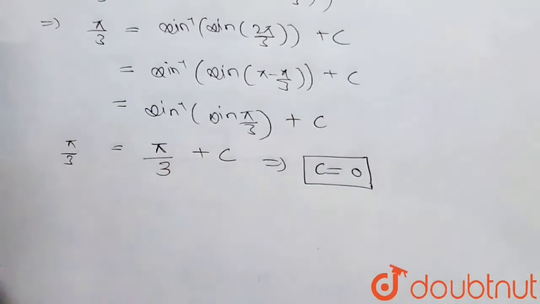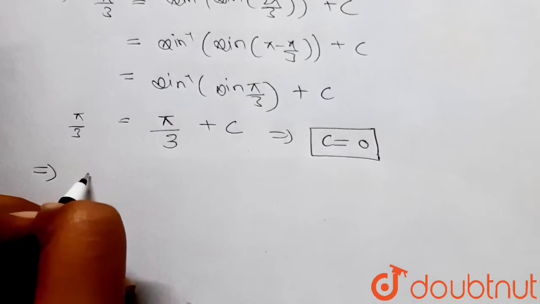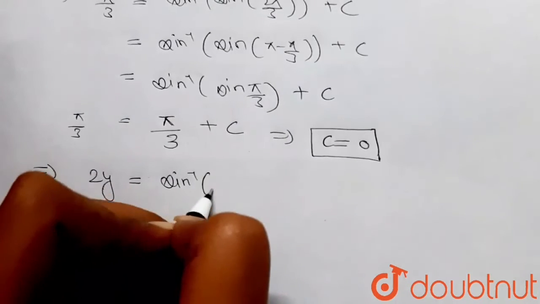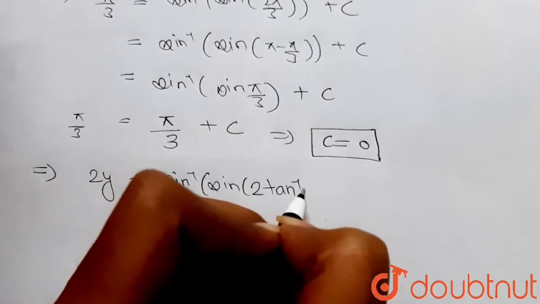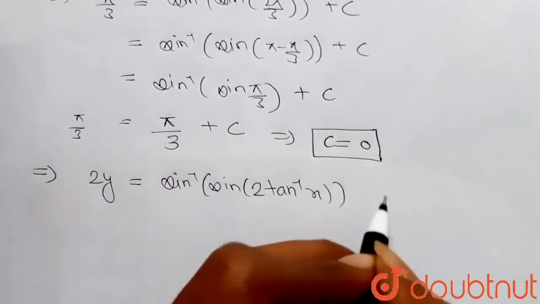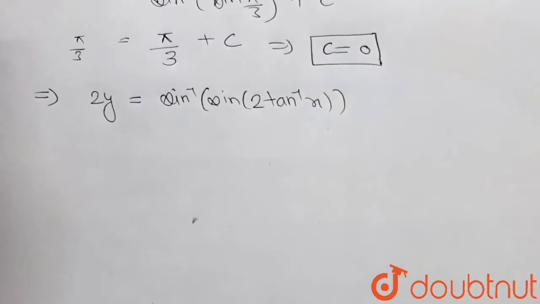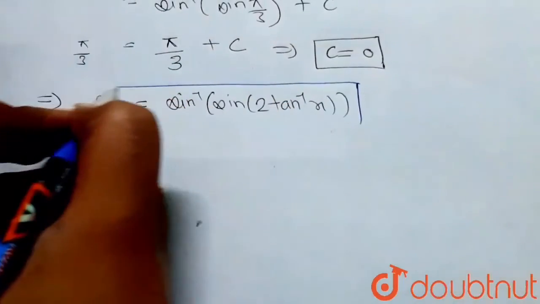So we finally have our function as 2y equals sine inverse sine of 2 tan inverse x, and that c is equal to 0. So this is our final function.